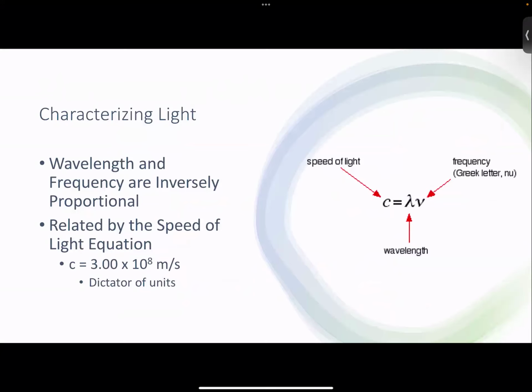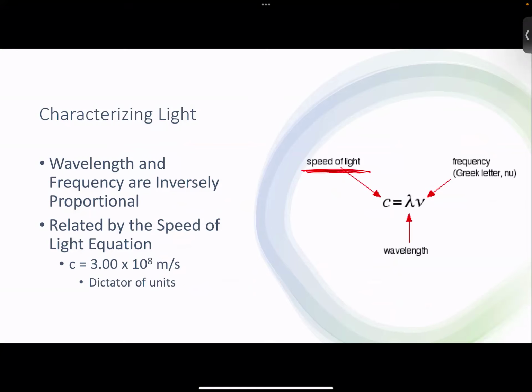This relationship between the wavelength and frequency is expressed using the speed of light equation, where the speed of light is equal to the wavelength times the frequency. The speed of light in a vacuum is a constant.